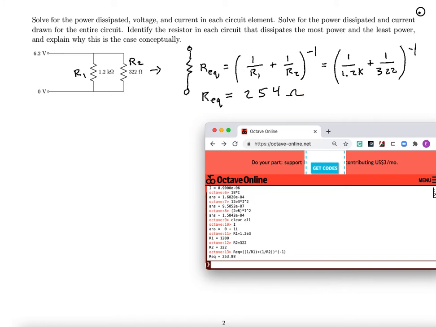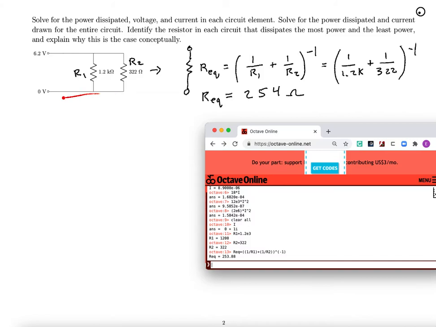Let's talk about this value for a moment. Notice that this equivalent resistance is actually less than either R1 or R2. By adding extra resistors in parallel, we present more places for the current to flow, and therefore drop the total resistance. Again, think of the water analogy. We have a very large pipe here at the 322 ohms.